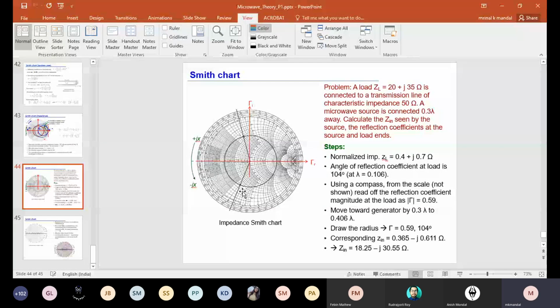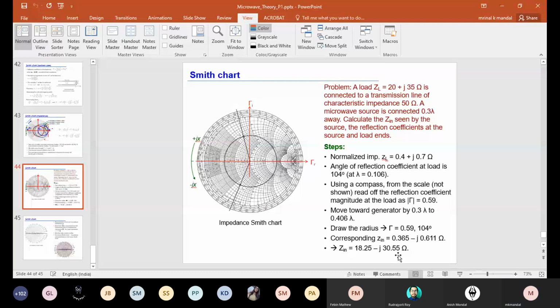This is the normalized value. The actual Z in is obtained by multiplying by 50, which gives 18.25 minus j30.55 ohm. For the corresponding reflection coefficient, again you read it: the magnitude remains the same, only the angle changes. So this is a very simple problem.